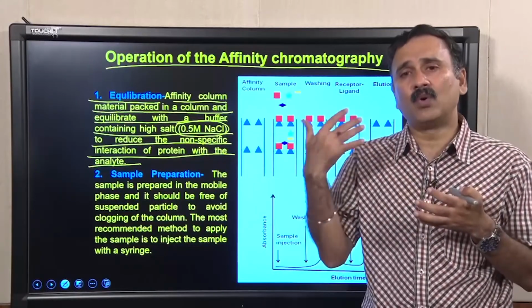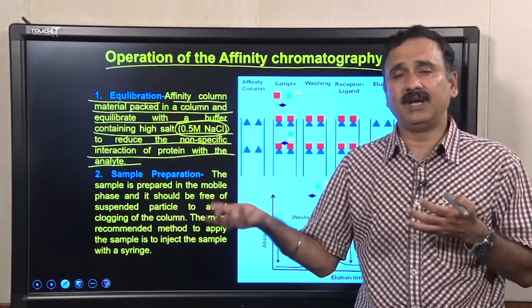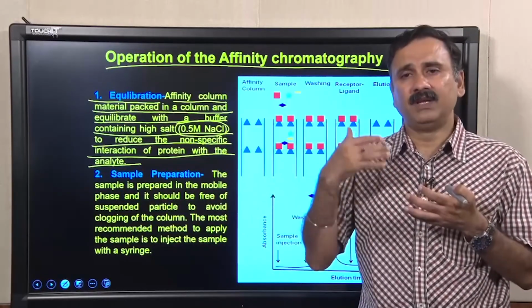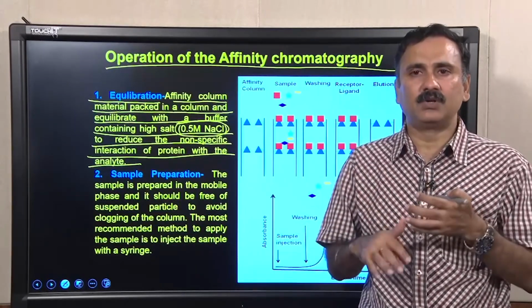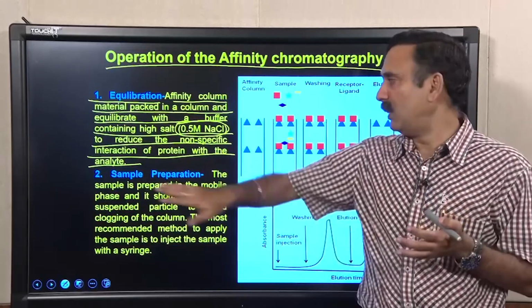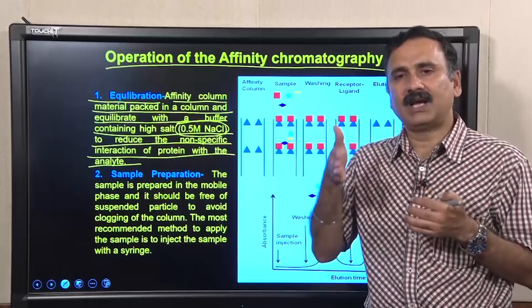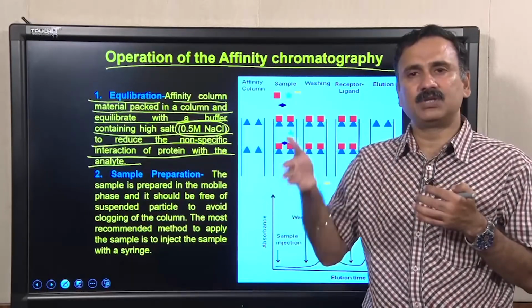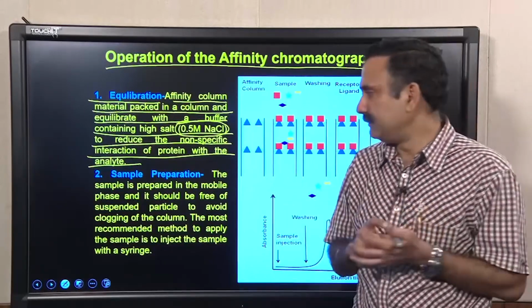So, it can also provide functional groups where other proteins may interact by ionic interactions or hydrophobic interactions or even some other kinds of non-specific interactions. To avoid that, you have to keep a very high salt concentration, so that the ionic interactions, van der Waals interactions, or mild hydrogen bonding do not take place.